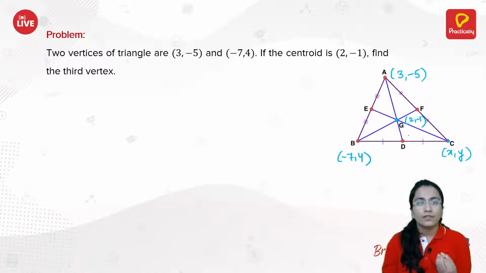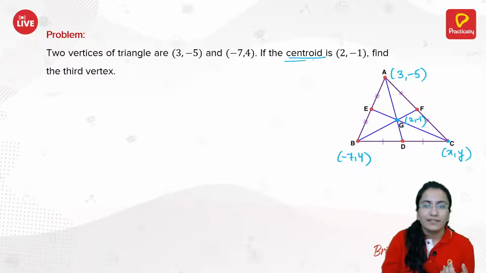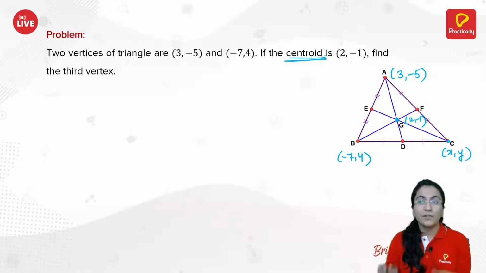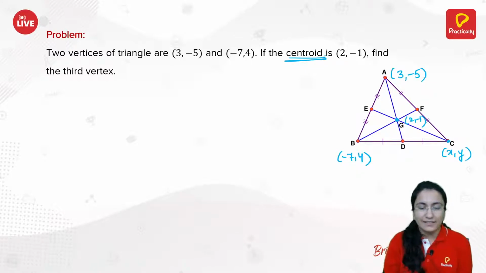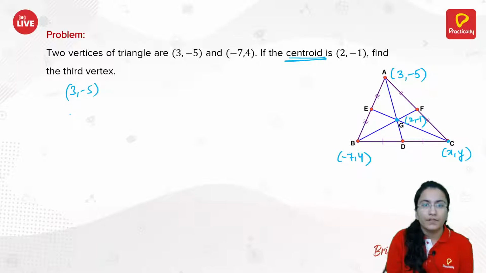We all know how to calculate the coordinates of centroid using the 3 coordinates of vertices. Let's just write using that. We have 3 vertices as 3 comma minus 5, minus 7 comma 4, x comma y. So using these 3, how can we write coordinates of centroid?